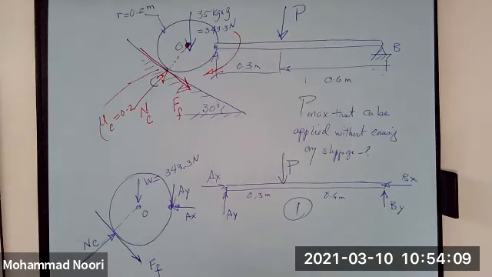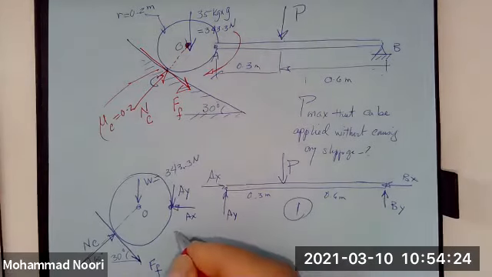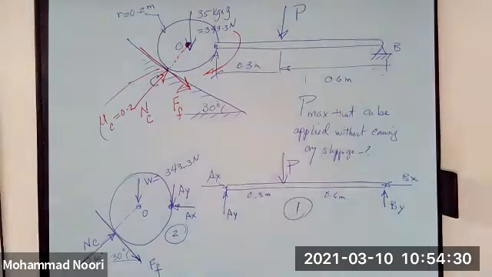So these are all the unknowns you got, right? And this, by the way, is 30 degrees. So if that is 30 degrees, this would be 60 degrees, okay? So these are all your free body diagrams, 2 free body diagrams, okay? So how do you solve?